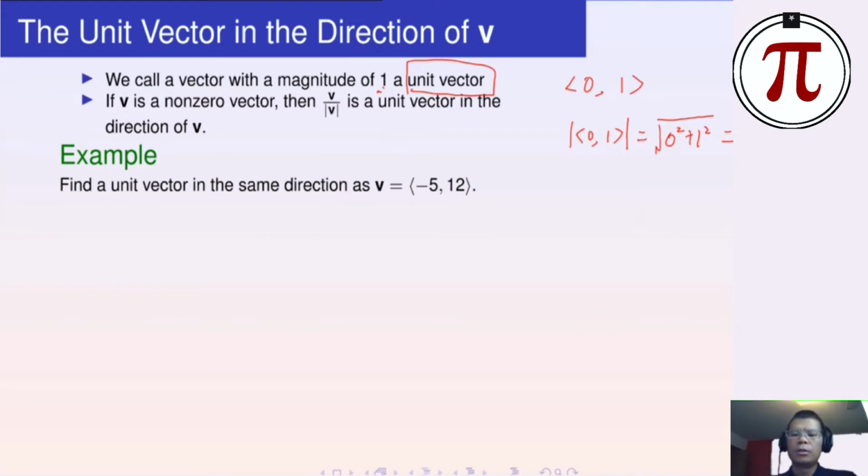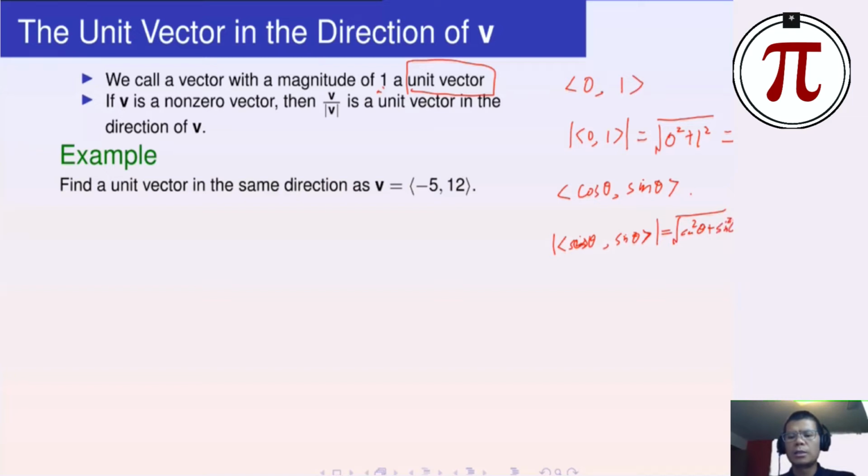You can also confirm this for any theta. This is (cosine theta, sine theta). This is also a unit vector because the magnitude equals the square root of cosine squared theta plus sine squared theta.